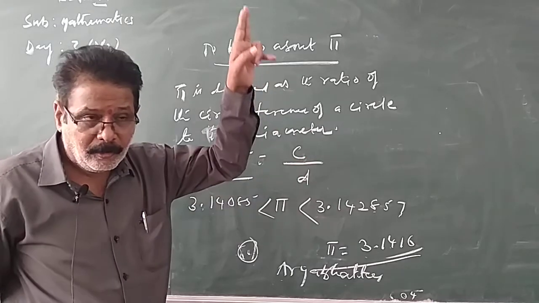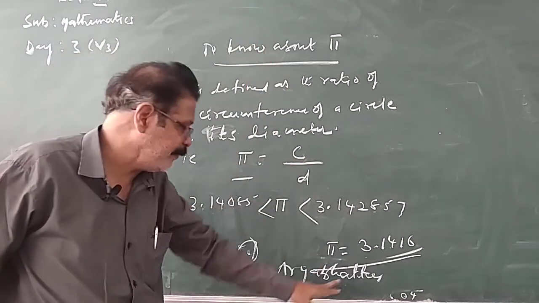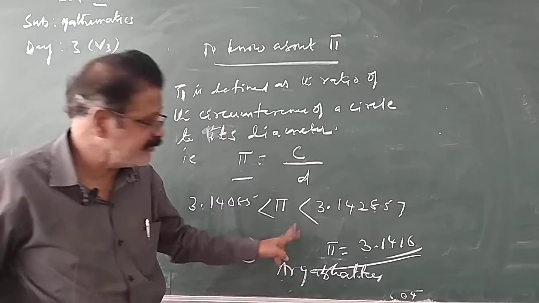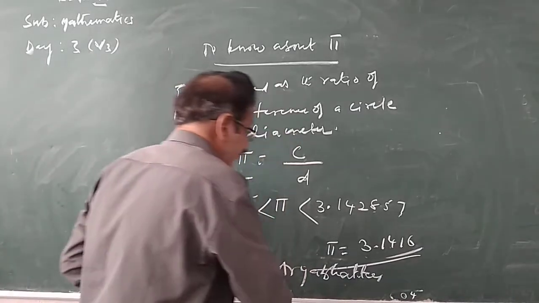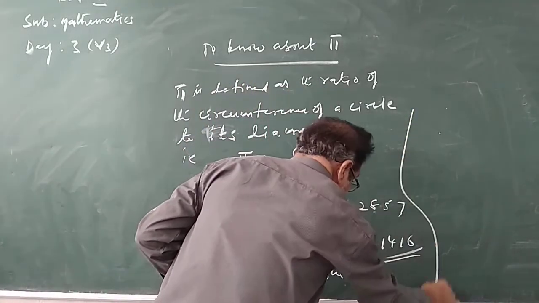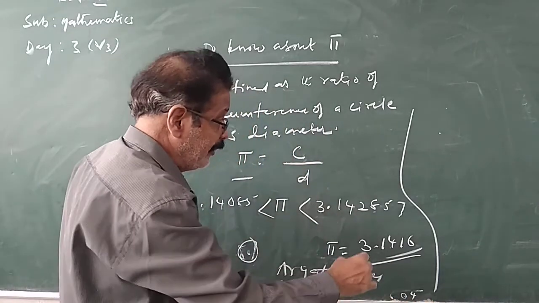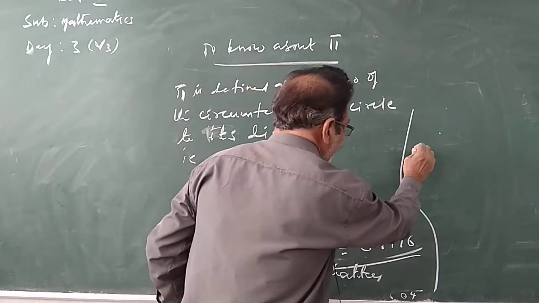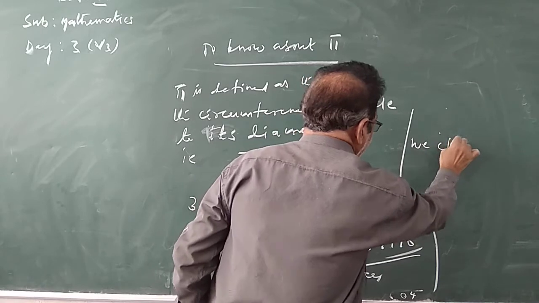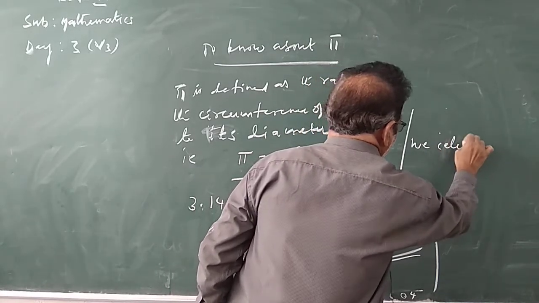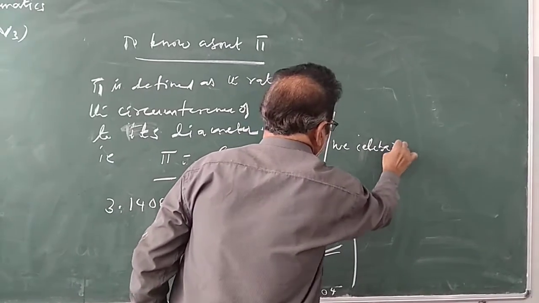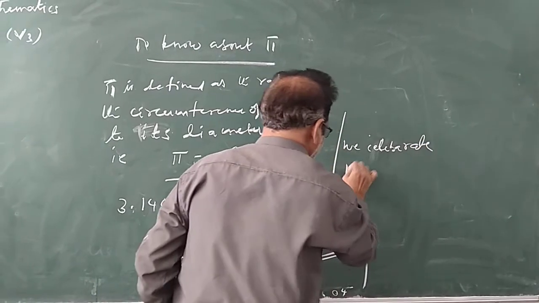Next, it was corrected up to 4 decimals by Aryabhatta. This is about the pi value, and also, as you know, we celebrate Pi Day.